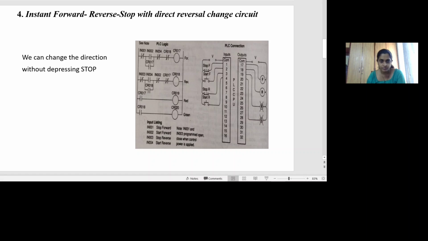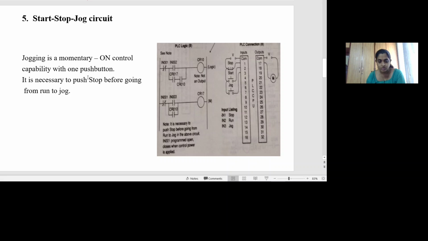Next we'll move on to another example, a start, stop, and jog circuit. In our daily life, jogging is slow running. Running is at a faster rate; jog is running with a lesser speed. Jogging is also called inching.